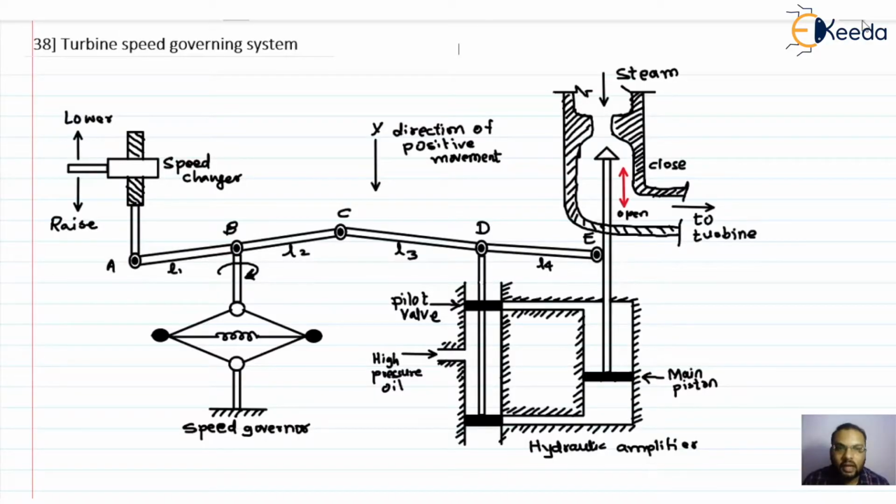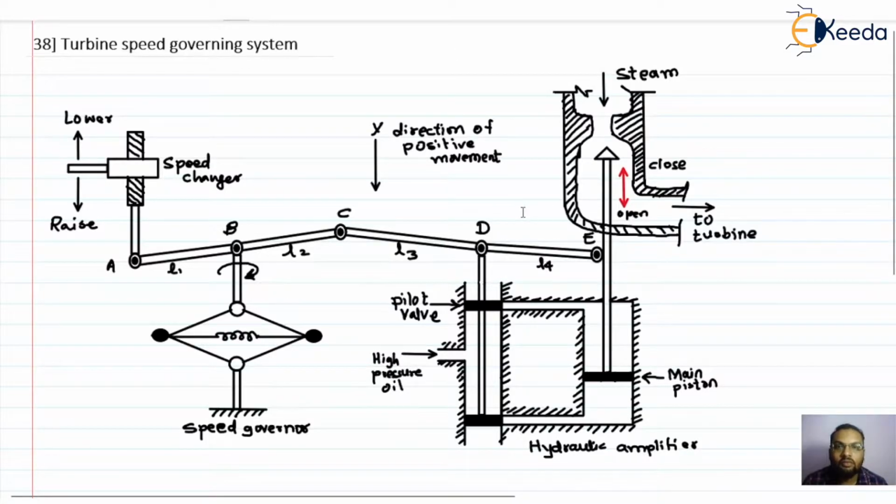Now if suppose that load changes, then how will that turbo generator respond to that change in load? In order to understand that, I told you that we have to understand the responses of three different things.